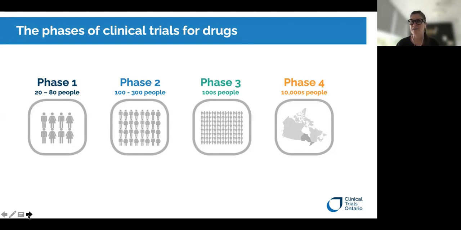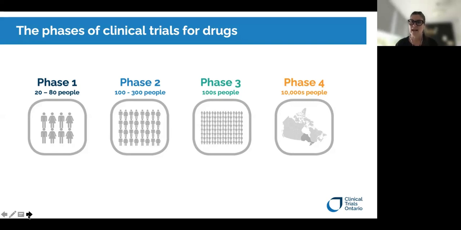And when you hear that people have been randomized, it means exactly that they've been randomized to receive one intervention, maybe no intervention or another intervention. And that randomization is done to decrease the bias in interpreting the data that comes out of these studies.